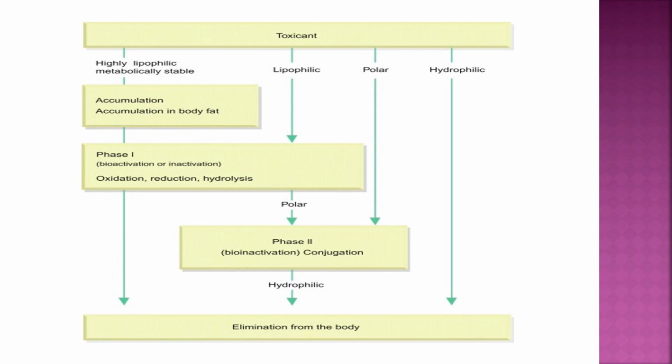This is the flow chart for the biotransformation. The toxicants are stored in the fatty tissues. So the compound, lipophilic in nature, is converted into hydrophilic and finally eliminated from the body.